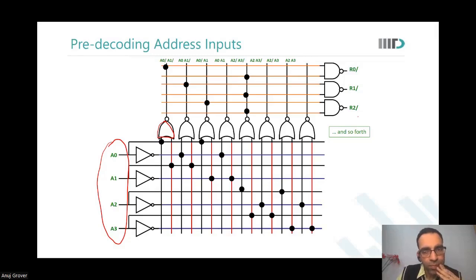Good. But after that is not evident. Maybe the structure below is pre-decoding, and above are the NAND gates, which is post-decoding. Yes. Good.